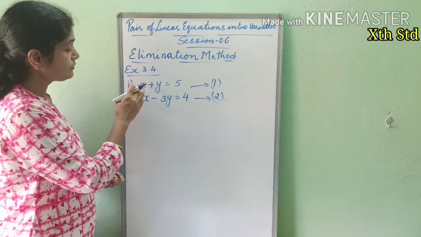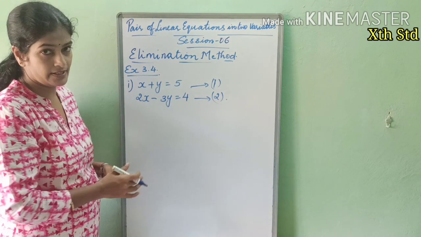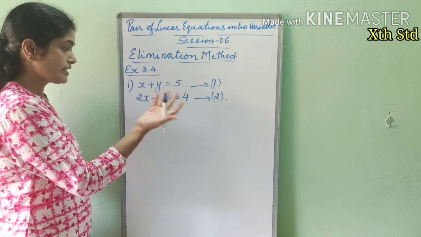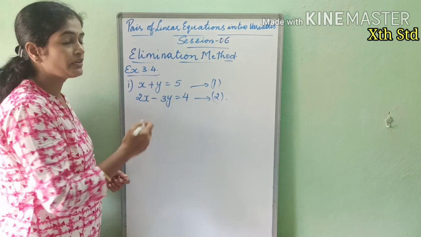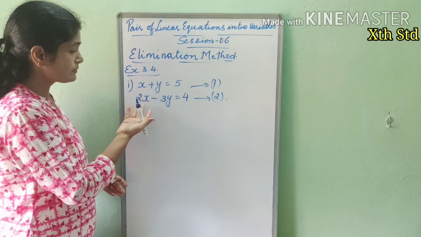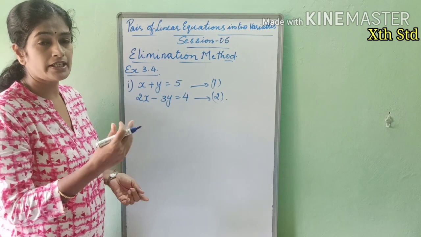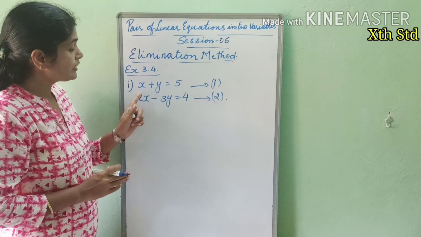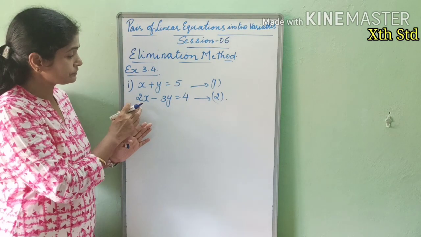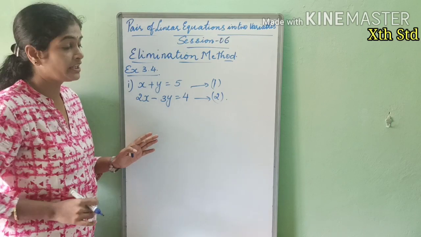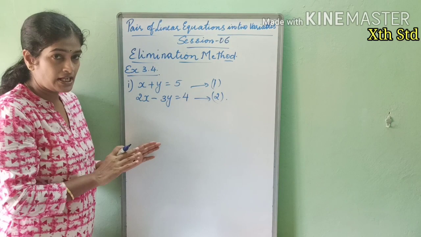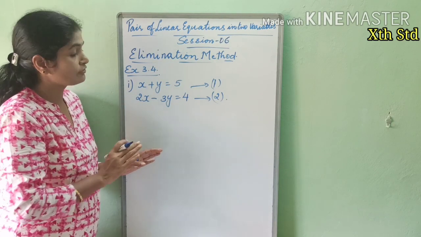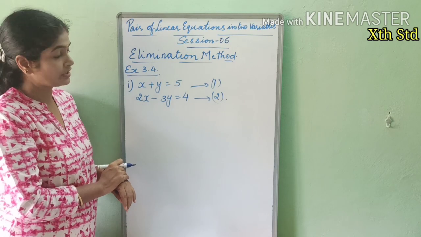Now we can eliminate x or we can eliminate y also. For this problem, we'll eliminate x, and in the second problem we'll try to eliminate y and z. If we want to eliminate the variable x from both the equations, the first task is to make the coefficients of x in both the equations the same.